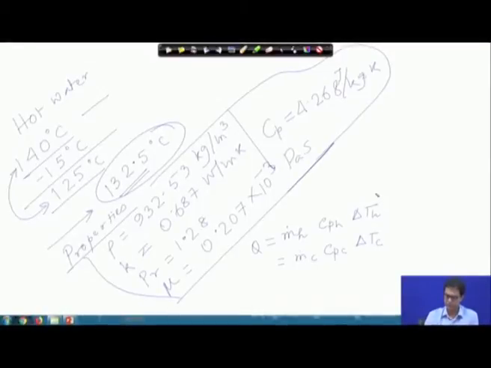We have been told about delta Th and delta Tc, we know the cold fluid flow rate, we know the Cpc, and we can also find the delta Tc. So we already have all the properties known.